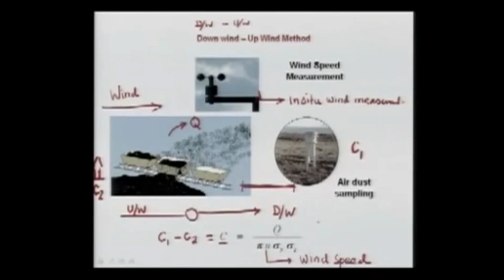If I show you, if you have the emissions which look like this, and if I take a section and look through the emissions here, I'll see that the plume will look like this. The measurement of the dispersion onto this side is what we call the sigma y, and this we call the sigma z.